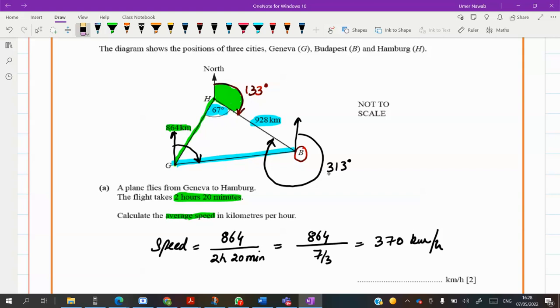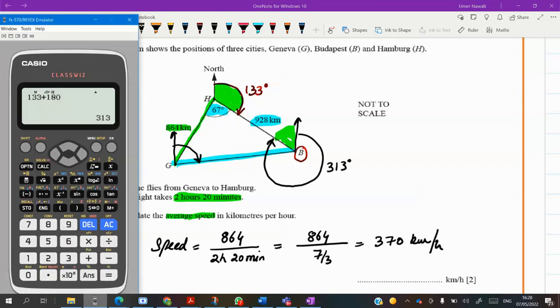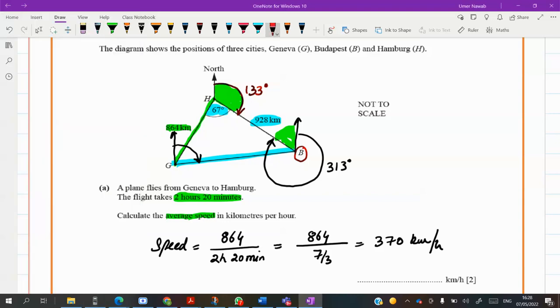This is given to us. This angle we found, the total angle was, let me try to get you this angle, guys. 180 minus 133 gives you 47. So this is 47. Clear?